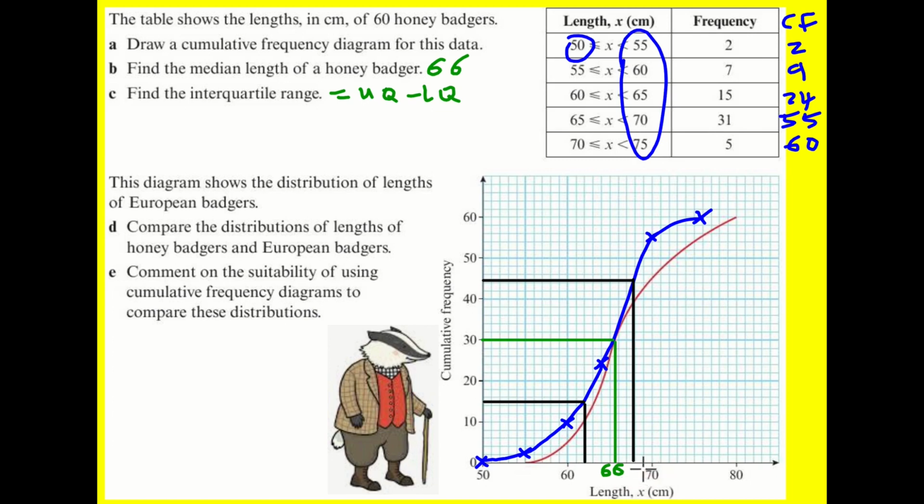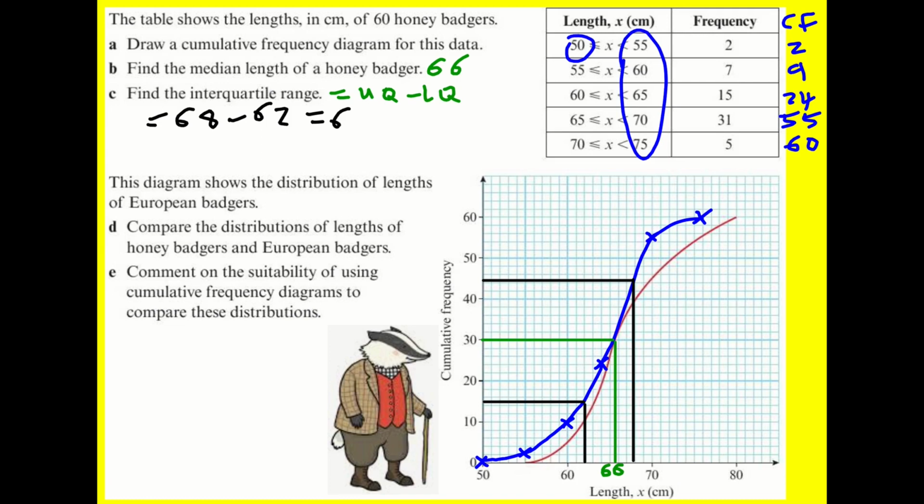So that looks like 68 minus 62, which is 6.